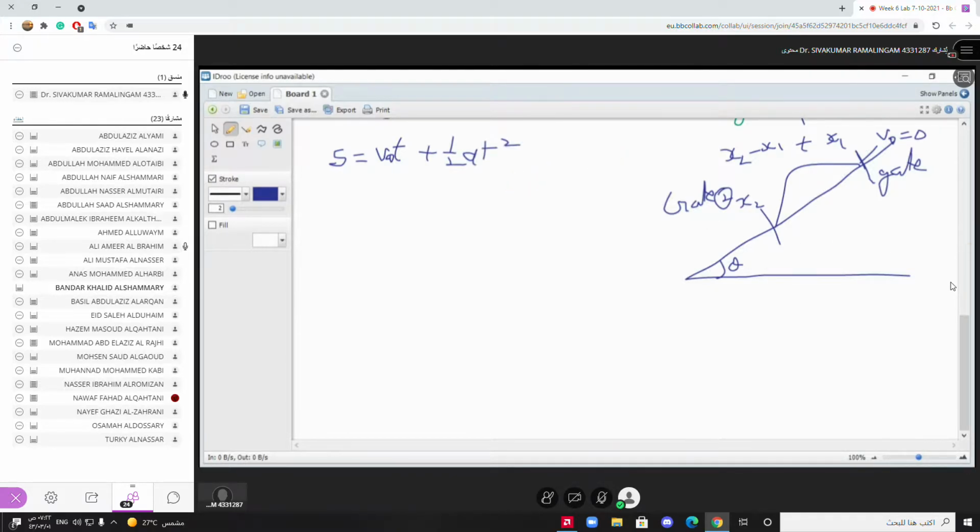Now what is the distance traveled for the problem? x2 minus x1. What is v0 according to this problem? 0. The t is the time taken, 0t, plus half a, and sometime back we got a equal to g sin theta, t square. Now simplify this. x2 minus x1 is equal to half g sin theta into t square.